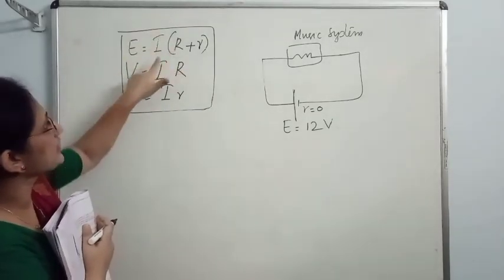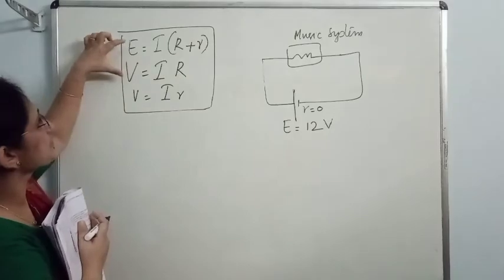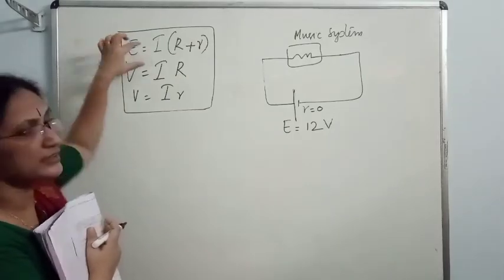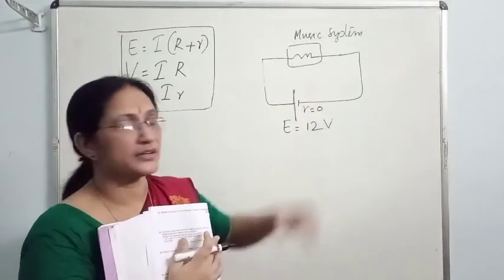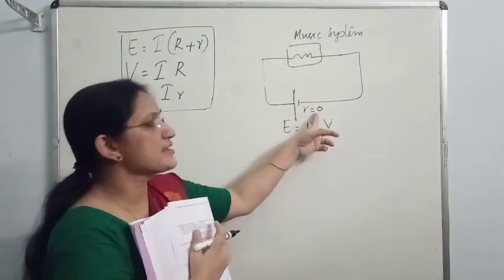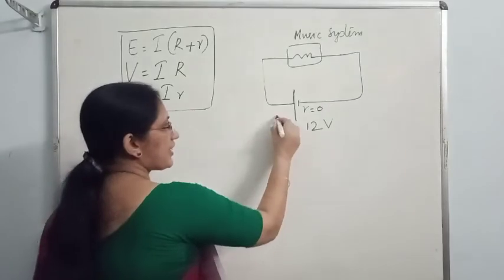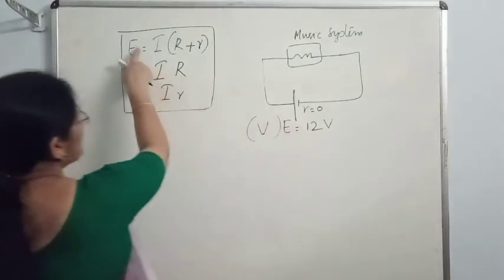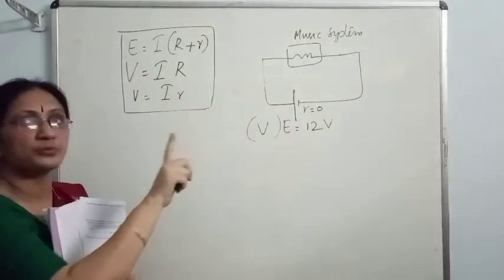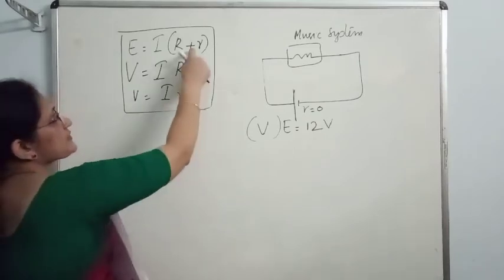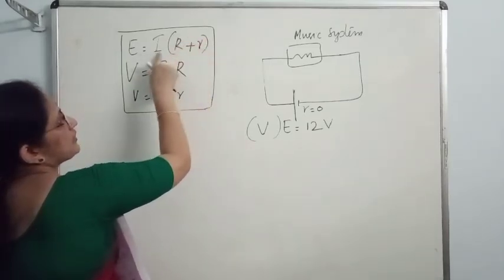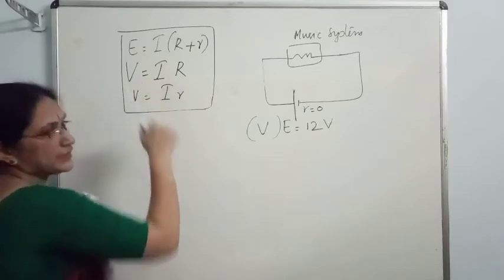I into R here also I into R. In that case, E and V are equal. Already I mentioned that point earlier. So here in this case, since internal resistance is negligible, this E and capital letter V, EMF and terminal voltage, we can assume as same. Because r is 0. If r is 0, these two are same.